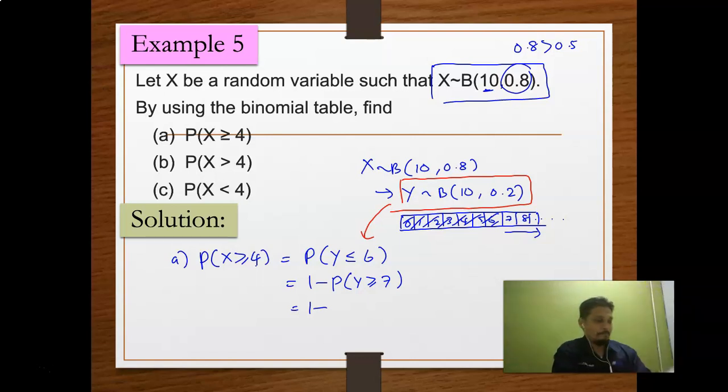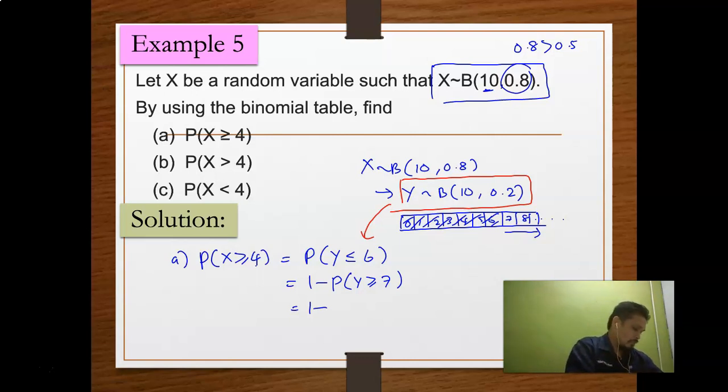The number of trials is 10 and the probability of success is 0.2, and it is greater than or equal to 7.